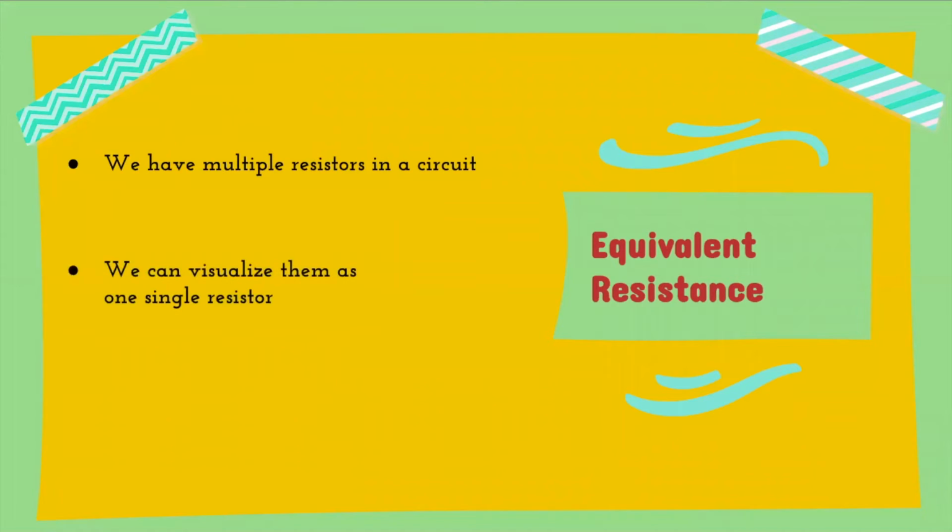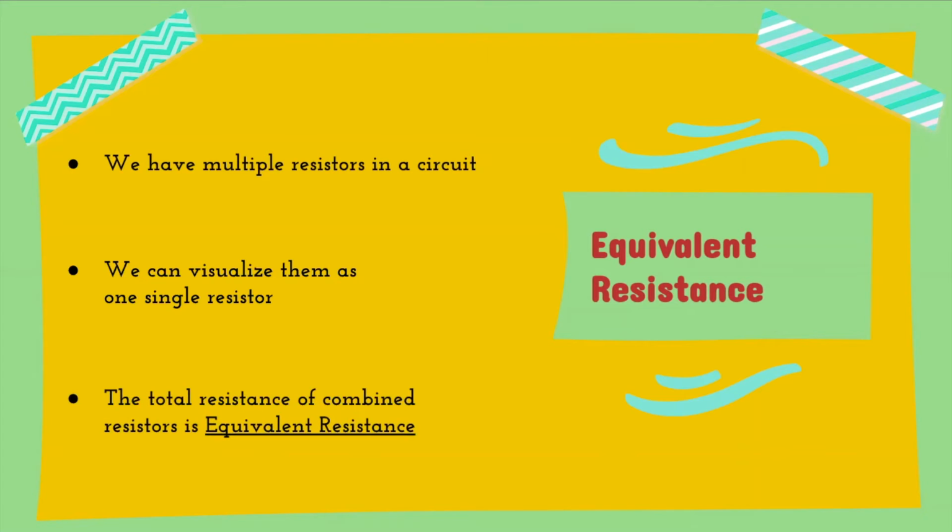We can picture them as one single resistor that's preventing current in a predictable way. And that's what we're going to call equivalent resistance. Equivalent resistance is how a group of resistors behaves together. It's the resistance of a single resistor that represents a group.